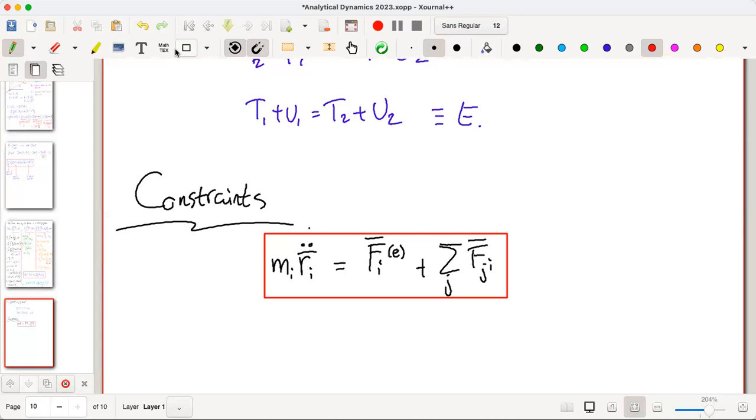Judging from the name, we can loosely define a constraint as everything that restricts the behavior of a system. And this can be almost anything that we often overlook, that we often take for granted.